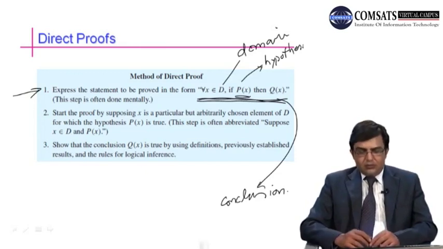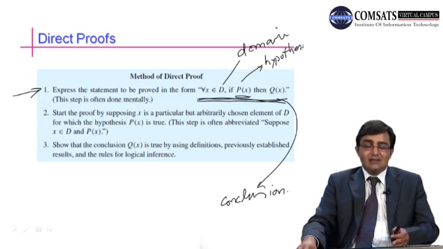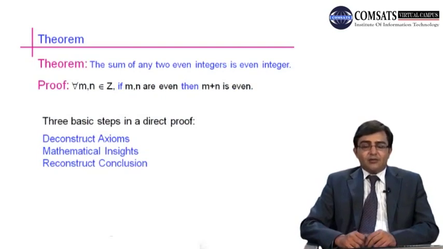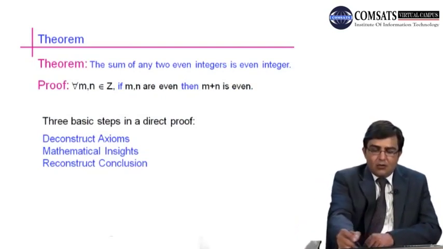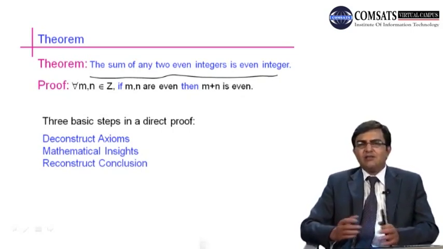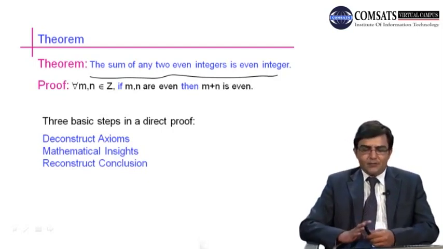We see the whole process by considering an example of the proof. For example, we have to prove this statement: the sum of two even integers is even integer. That is, if we add any two even integers, the result will also be an even integer.